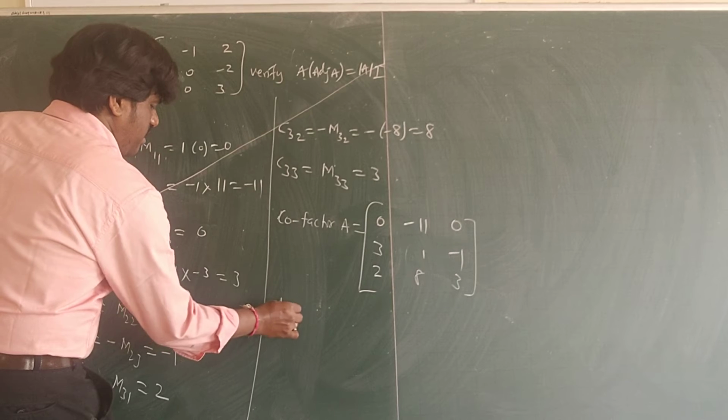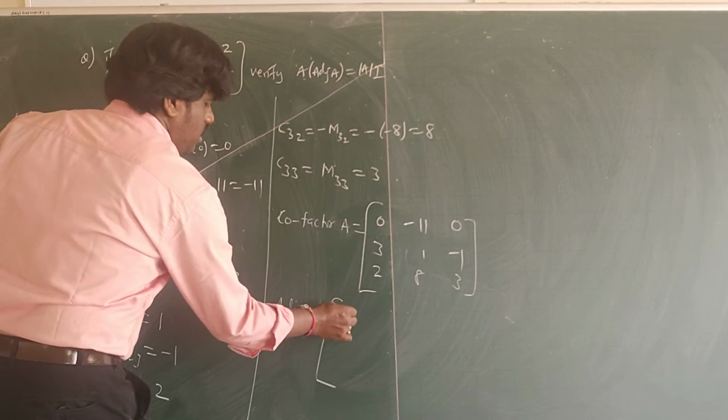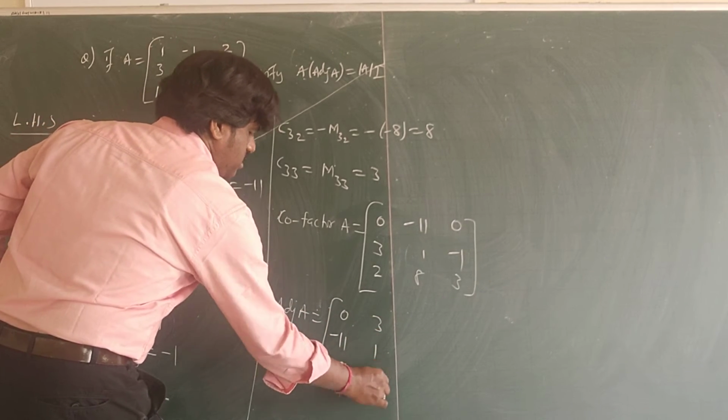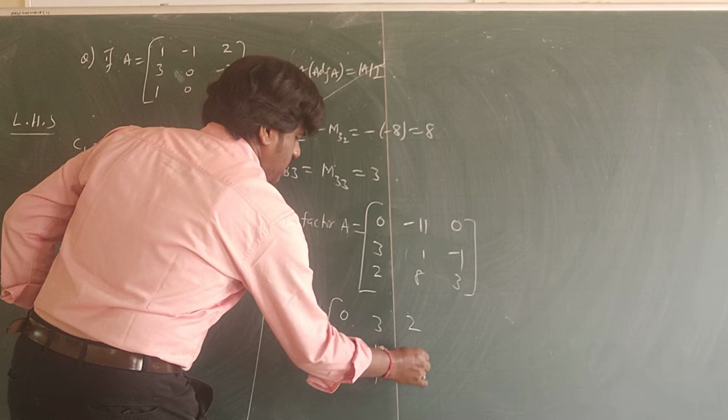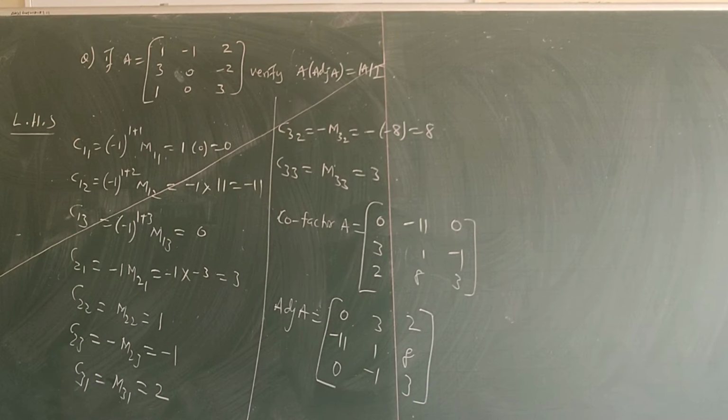So adjoint of A is the transpose of this: 0, minus 11, 0, 3, 1, minus 1, 2, 8, 3. This is adjoint of A. Now what we have to do is multiply adjoint of A into the matrix A. So we have to multiply both, then you will get the answer.